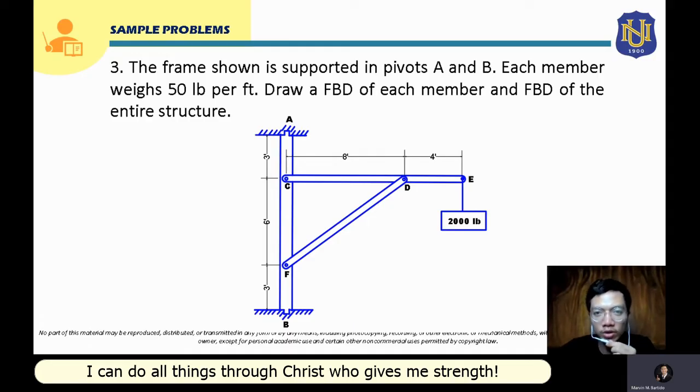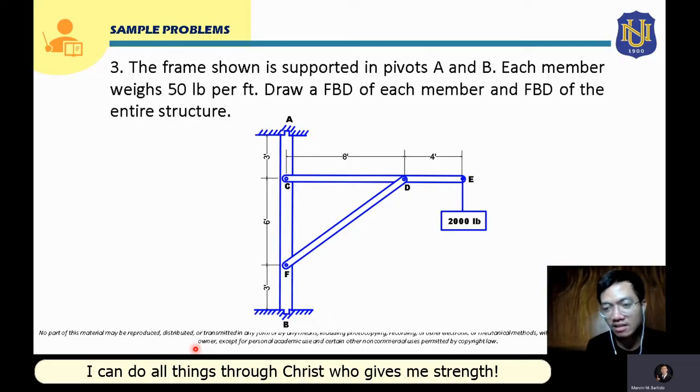The frame shown is supported in pivots A and B. Each member weighs 50 pounds per feet. Draw an FBD of each member and FBD of the entire structure. It is mentioned here that the frame is supported in pivots at A and B. So these are pivots, which are equivalent to hinge or pin supports.